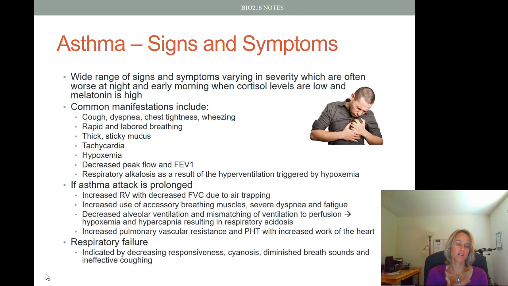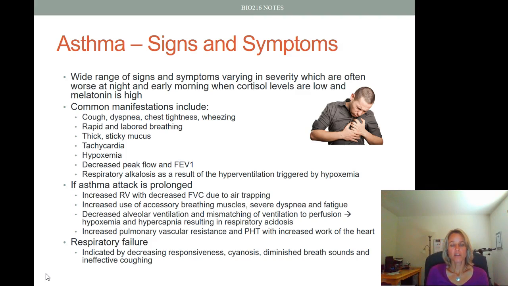They have a thick and sticky mucus within the airways, tachycardia, decreased oxygen in the blood, hypoxemia. We're going to see a decreased peak flow and FEV1. We may also see a decreased FVC, but remember the FEV1 is going to be more affected than the FVC because these patients are going to have difficulty getting the air out fast.